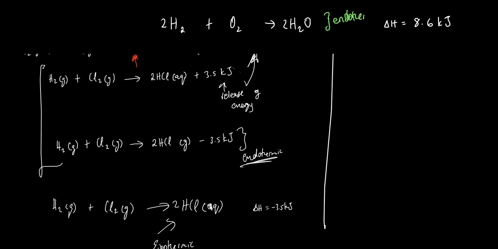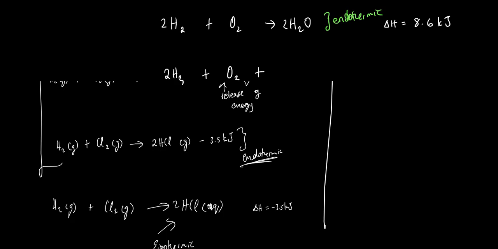Nice. Now that we know that it's endothermic, another way that we can give you the same endothermic reaction is that we can have 2H2 plus oxygen, and then we're gonna say plus 100 kilojoules, giving us 2H2O.